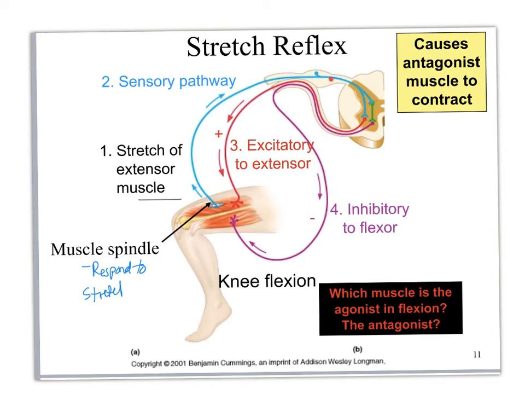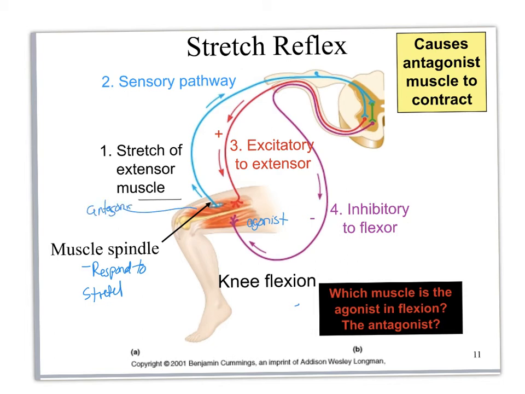So we're going to go with the blue line over to the red line first. And what you will see is along this motor pathway, it is an excitatory signal to the quadriceps telling it to contract. So I want you to remember back to when we studied muscles and we talked about the agonist versus the antagonist.